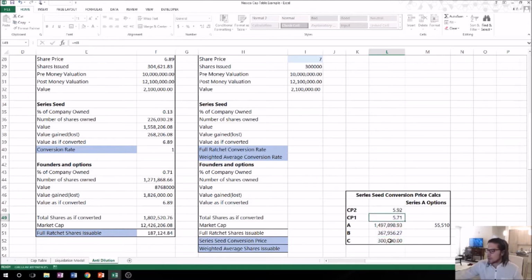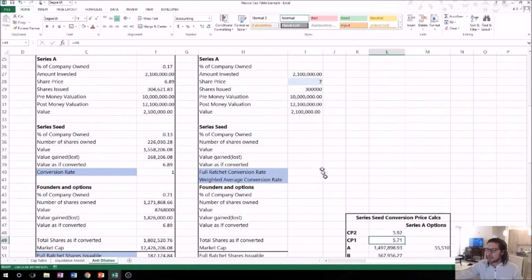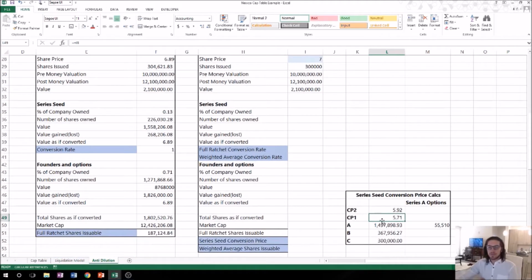And that calculates our weighted average conversion price for this round. Of course, it's higher than the price that was issued to the Series Seed initially, so we wouldn't even use it. But at the same time, we want to go ahead and calculate it and have it working there.